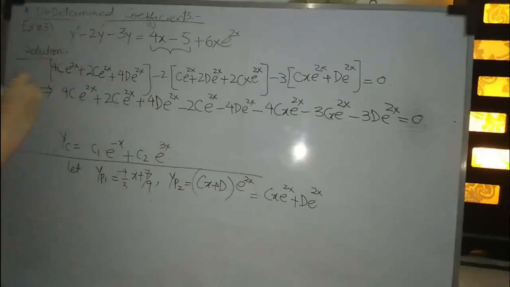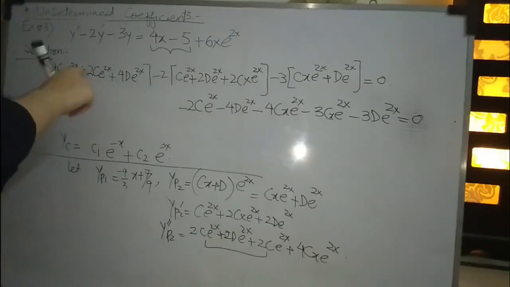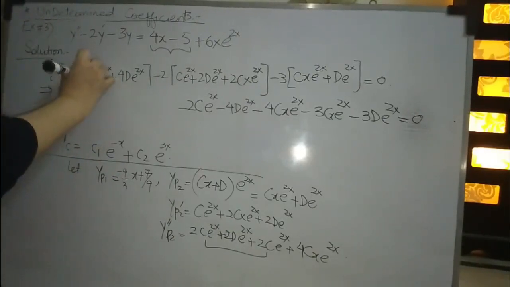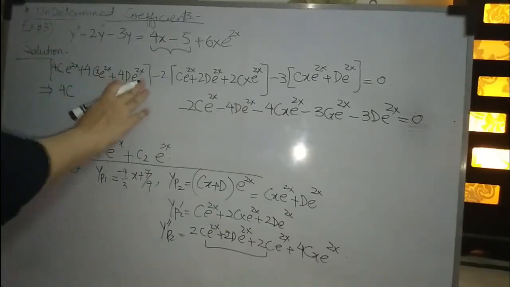So if I compare e to the power 2x, that becomes 4c e to the power 2x plus 4cx e to the power 2x plus 4d e to the power 2x.